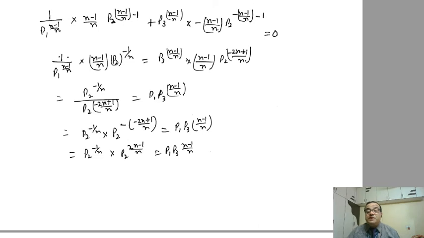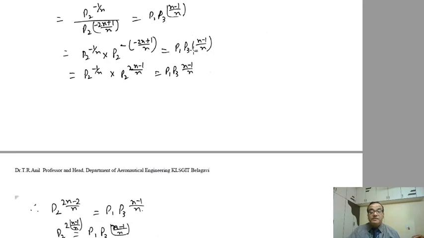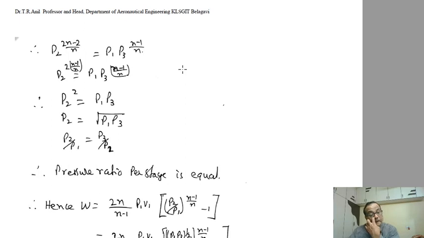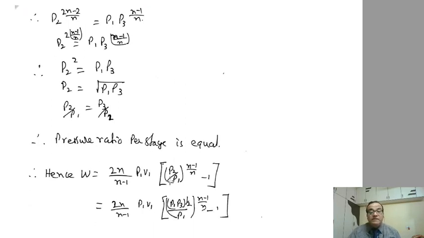So P2 has the power -1/n, and bringing the other term to the top gives (2n-1)/n. So P2^(1-n) plus P2^(2n-1) is equal to P1 P3^(n-1). If you rearrange this once again, P2^((2n-1)/n) is equal to P1 P3^((n-1)/n).